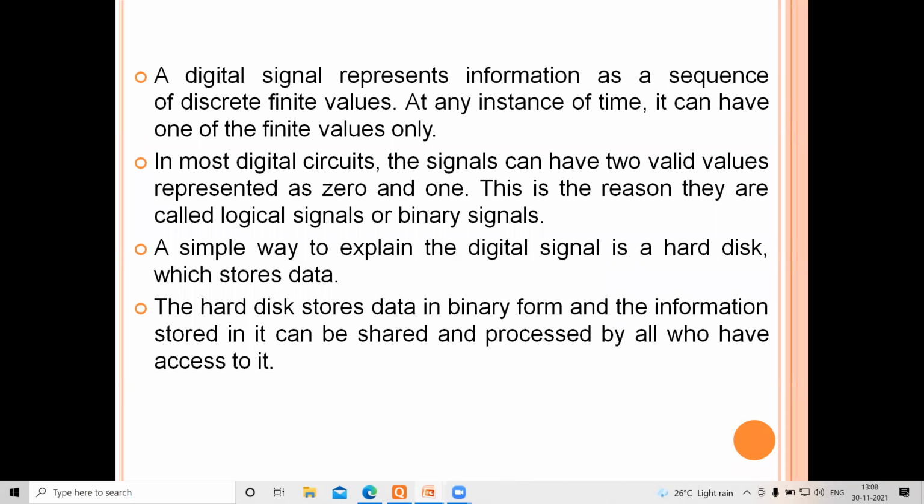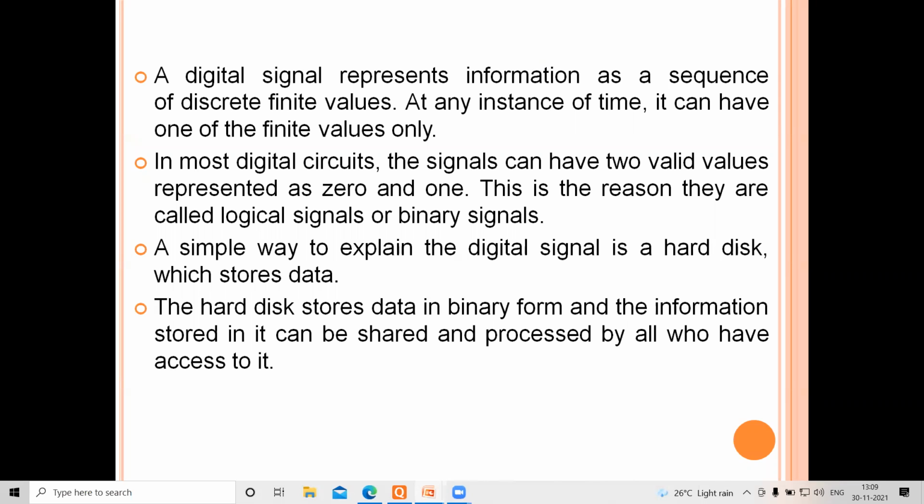Then we normally have two states. There is a difference between a discrete signal and a digital signal. A discrete signal can have variation in amplitudes, whereas a digital signal normally has two forms, 0 and 1.